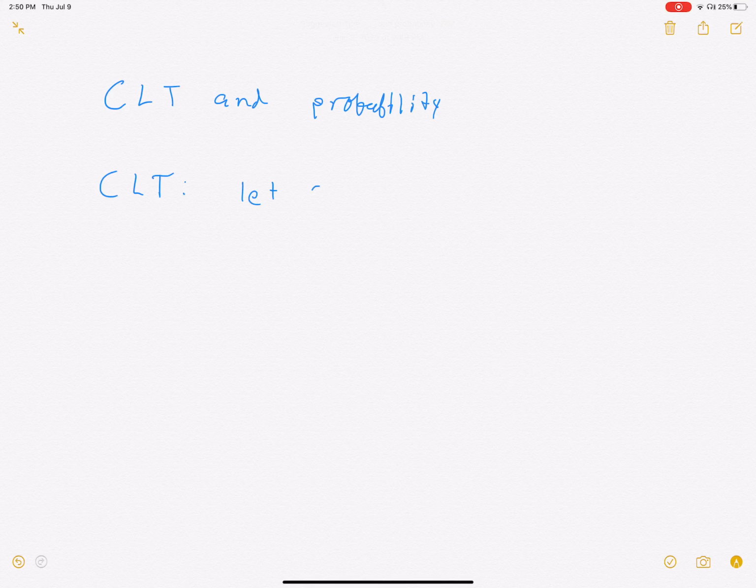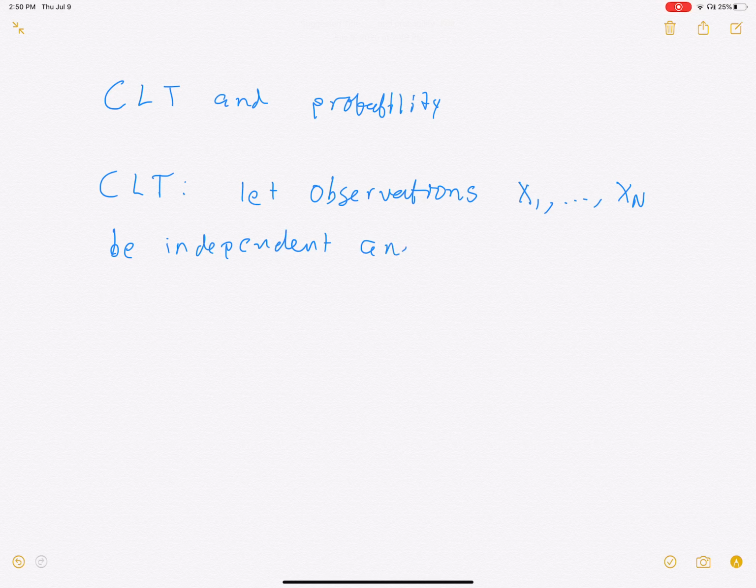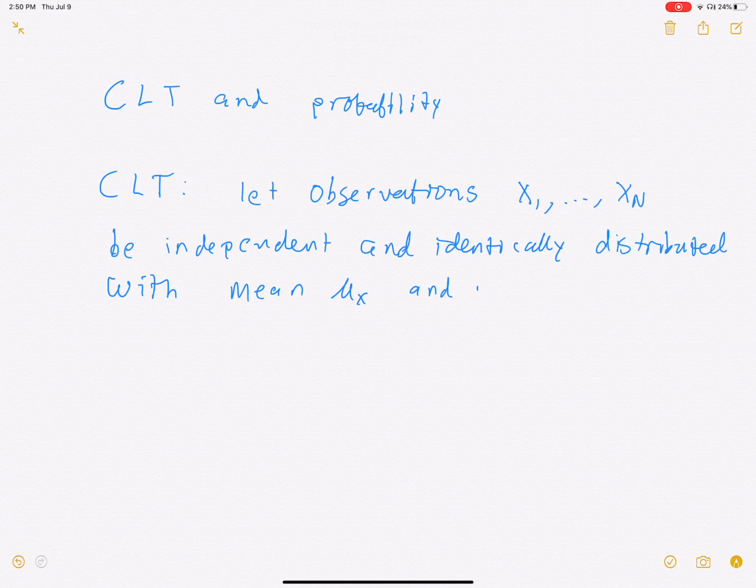So let observations x1 through x sub n be independent and identically distributed, with mean mu sub x and variance sigma squared of x.